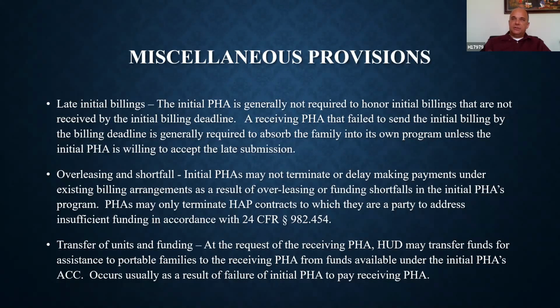Okay, so essentially what's happening is we have an initial PHA that is just simply not responding to billing statements from the receiving PHA. The receiving PHA can request that HUD transfer either or both the funding and ACCs to the receiving PHA. I think this is kind of rare. It's not something that we do. It's not something that we like to do, but it is a remedy that we have if this situation takes place.